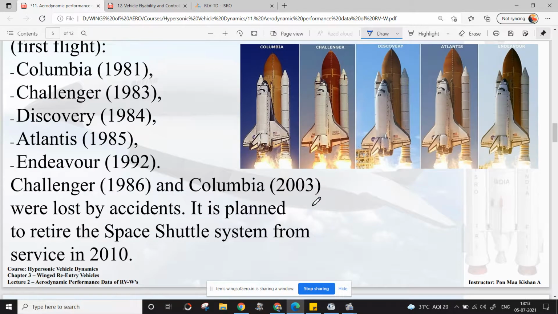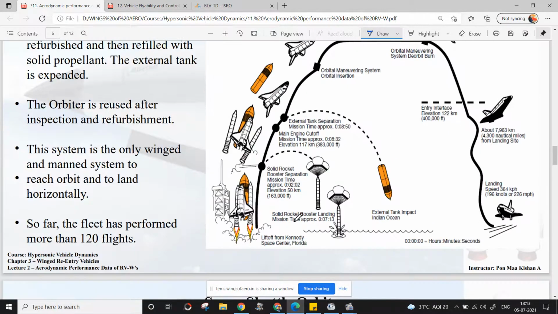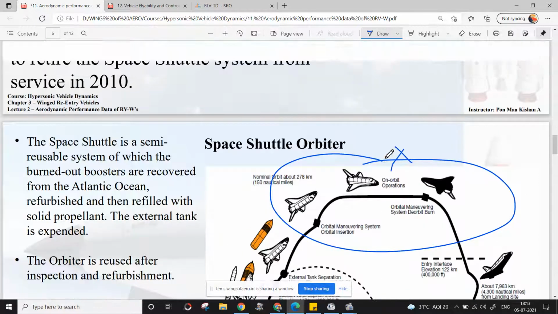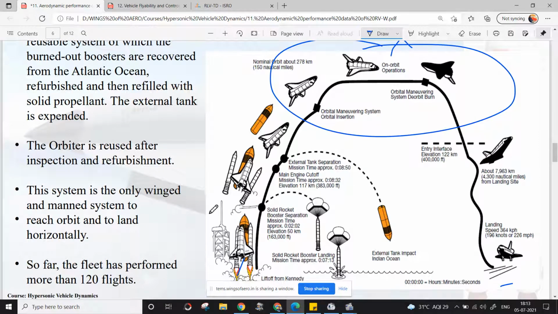So the next factors we have seen about just a basic introduction. Also we have seen what is the exact scenario happening from launch to landing. We have not studied what is happening in the orbital transfer, but we know we have already studied propulsion in every basic aerospace or aeronautical engineering subject, and we are done with the launching.